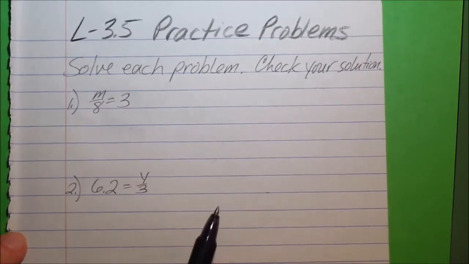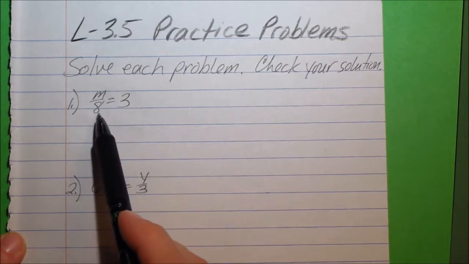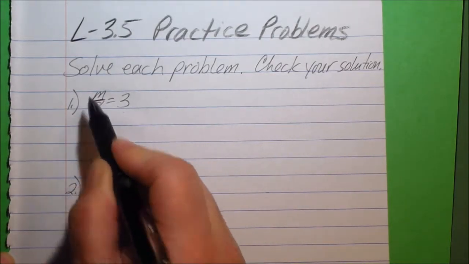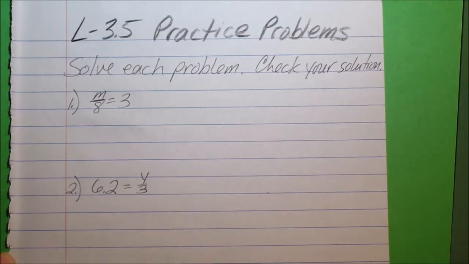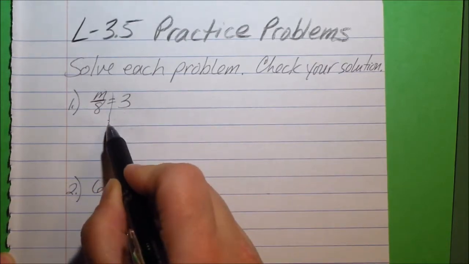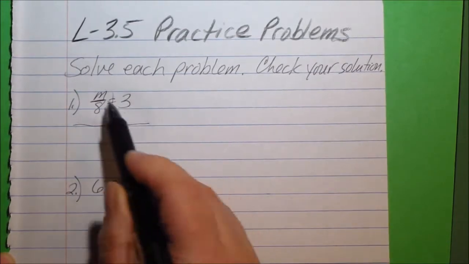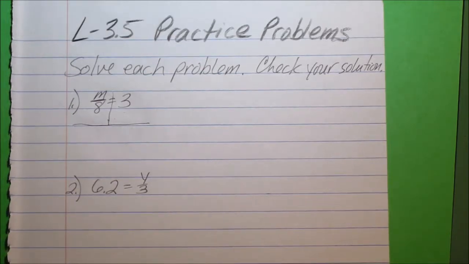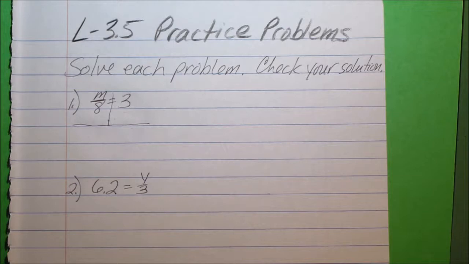So we'll start with this first one. M over 8 equals 3. Well, this fraction bar tells me division, and the opposite of division is multiplication. So I'm going to build my little fence here, my little upside down T, so that M is in his own house, but 8 is in his house, and we need to get rid of that.